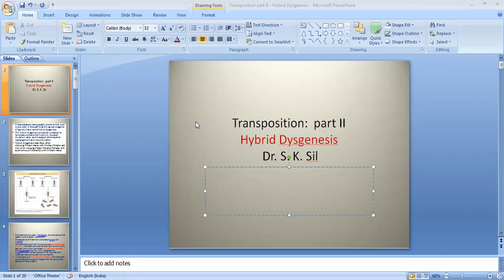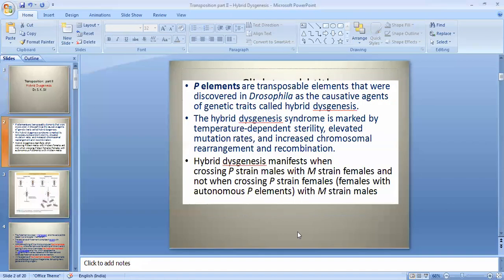We'll see how transposition of P element causes hybrid dysgenesis. So before we go to the hybrid dysgenesis mechanism, let's try to understand what the hybrid dysgenesis is.